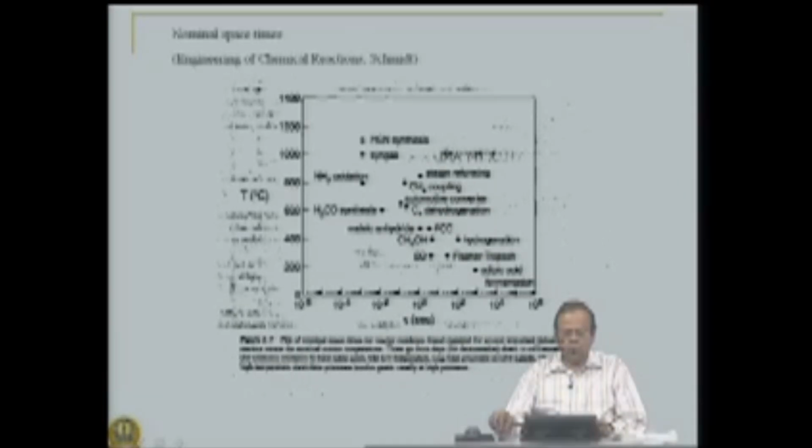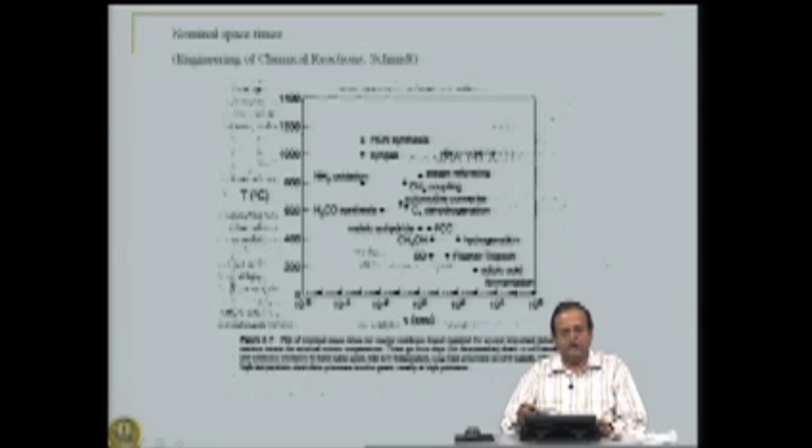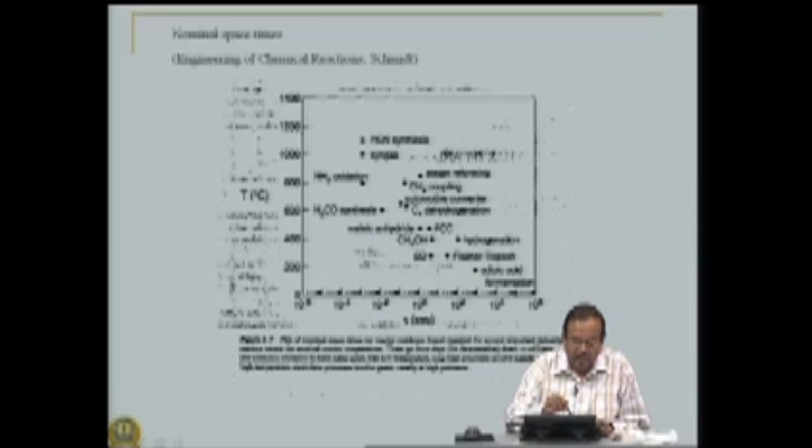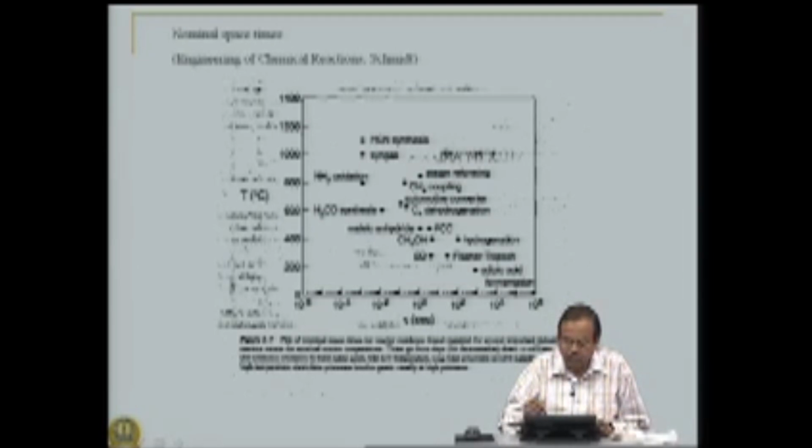Before we close for the day, this is just an illustrative slide. We talked about these residence times. This plot is taken from the text Engineering of Chemical Reactions by Lanny Schmidt. It shows temperature on the y axis and residence time on the x axis, and various reactions are noted over here.